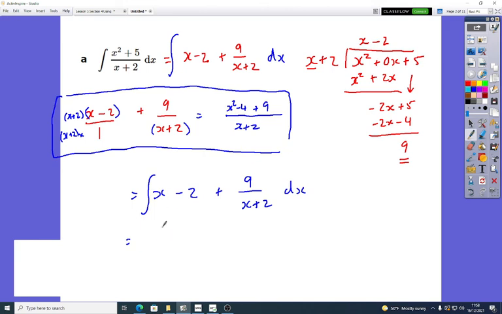Add 1 to the power, divide by the new power, so that will be just x squared over 2. Integral of minus 2 is just minus 2x. And this, because that has a power of 1, is a ln. That's going to be plus 9 ln of this bracket, x plus 2. And then there's no limit, so we add plus c. Happy days.